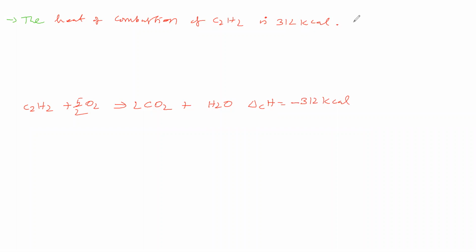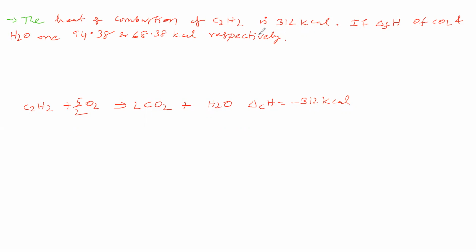Then the heat of formation of CO2 and H2O are 94.38 and 68.38 kilocalories respectively.